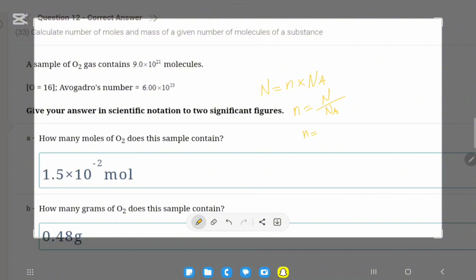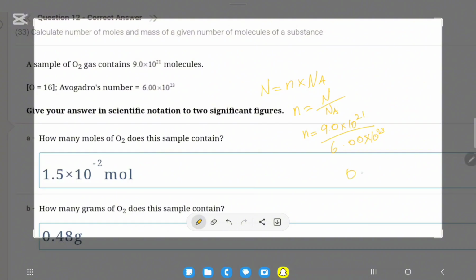N is big N, 9.0 times 10 to the power of 21 molecules over Avogadro's number, 6.00 times 10 to the power of 23, and you divide this on your calculator. 9.0 times 10 to the power of 21 over 6.00 times 10 to the power of 23.